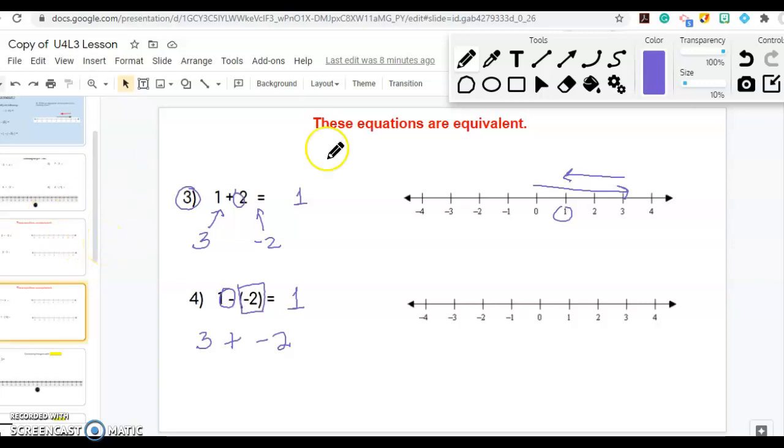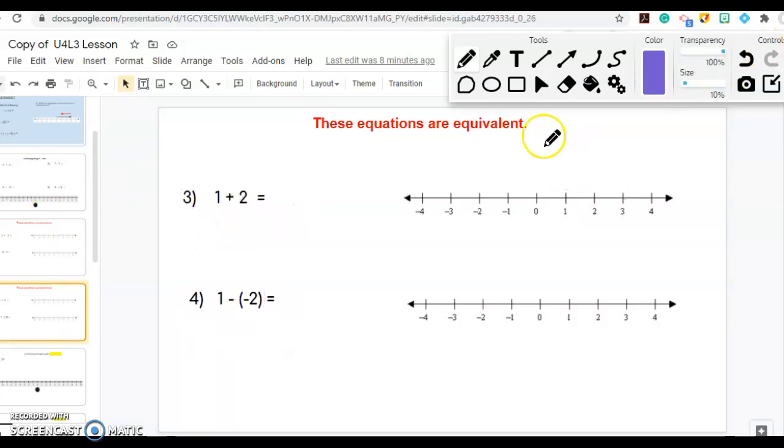Let's try this. Same thing here. I have 1 plus 2. We obviously know that is 3, right? We start at 0, go over 1, and then go to the right 2 more, and we end up at 3. Now we have 1 minus negative 2. Let's always rewrite it.